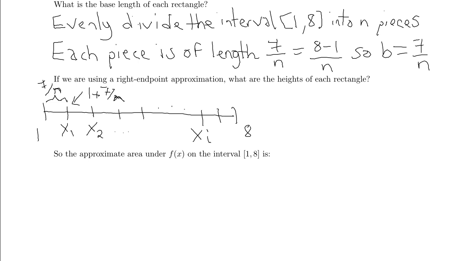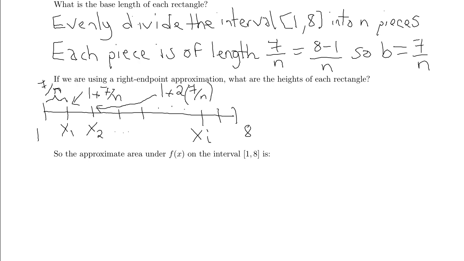If I wanted to get to x2, then I would have to go from 1 plus 2 7 over n's, right? So to get to x2, and I don't really have space to write this, so I'm going to draw a big arrow. To get to x2, that's going to be 1 plus 2 times 7 over n, because we need to do two little spaces to get to the second point.